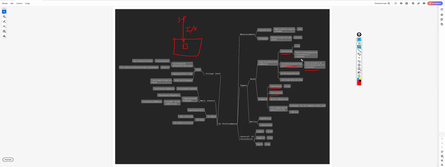If it is a synchronous IO, then until this particular block is read, the server process will not go to the next work. In the sense, if there is another block, the server process first needs to read this block, then this block.